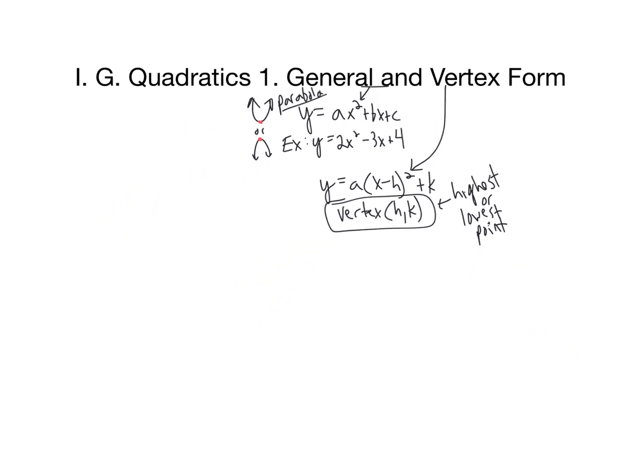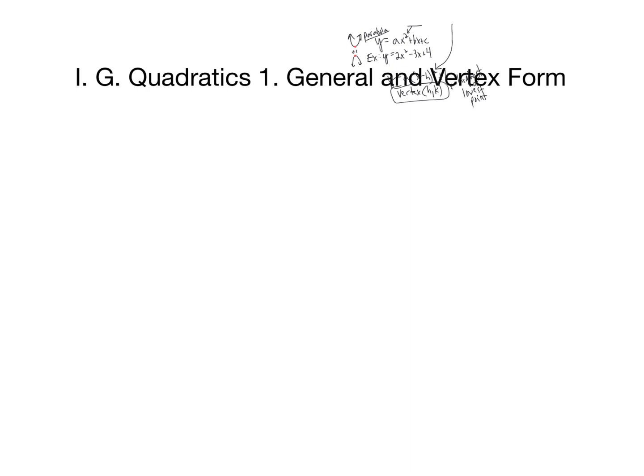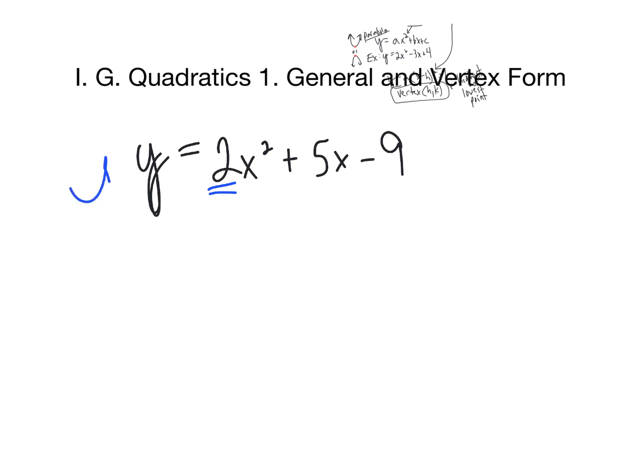So for example, they could say if we have an equation y equals 2x squared plus 5x minus 9, they could say what point would be the lowest part of this graph. So first of all, we've got to think about, well, they kind of give it away, but this is a positive number, which means it opens up.